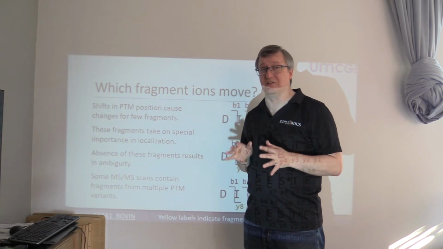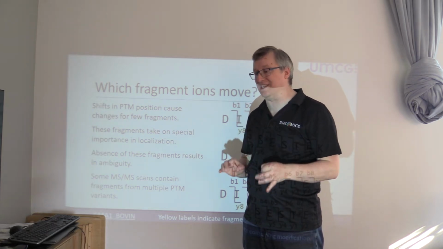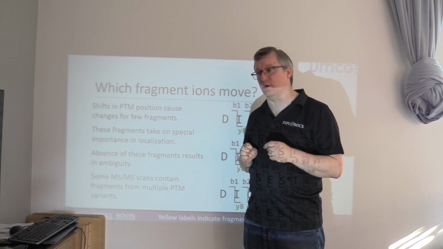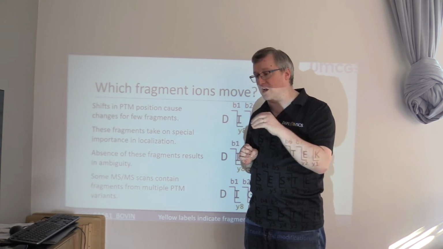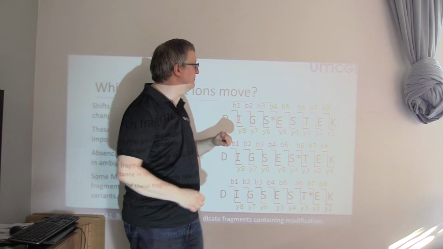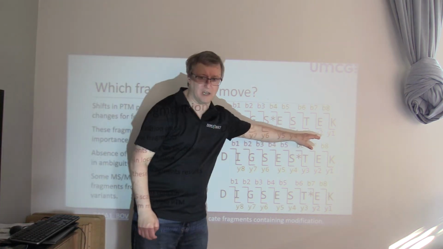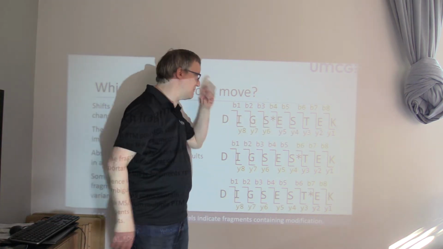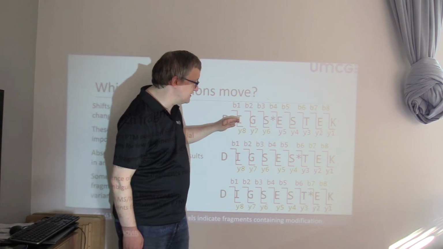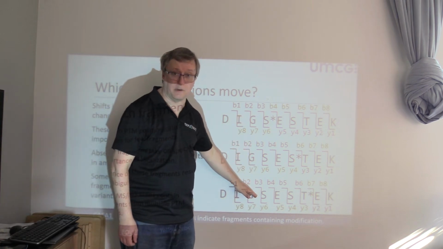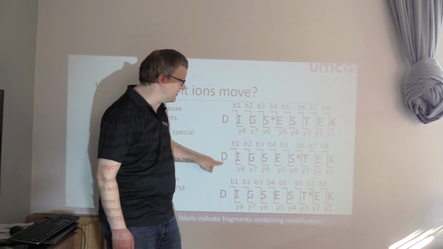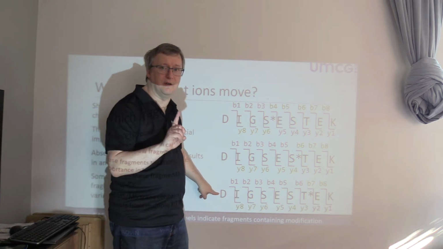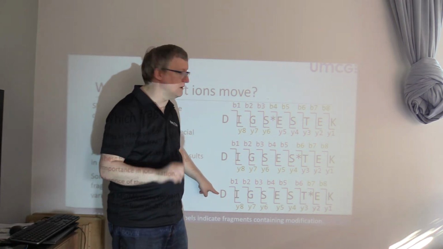This is bringing us to the difficult challenge of localization. How do we determine where a particular modification sits? Now I've brought back our 9-residue peptide that we were looking at a few slides back. In this case, I'm trying to differentiate just 3 variants. All 3 of these have 1 PTM on board.